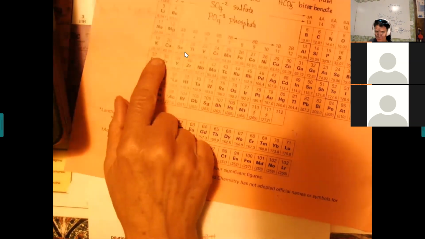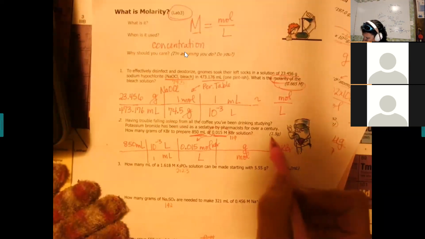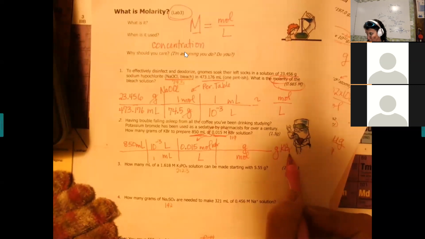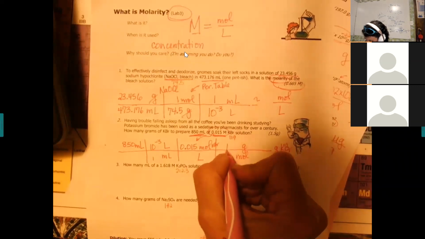If the only thing you got from this lecture is that you at least kind of have a better idea of what those numbers are, like the 40.08 for calcium, that's good. So for the KBr, you could add up the K and the Br and get around 119.